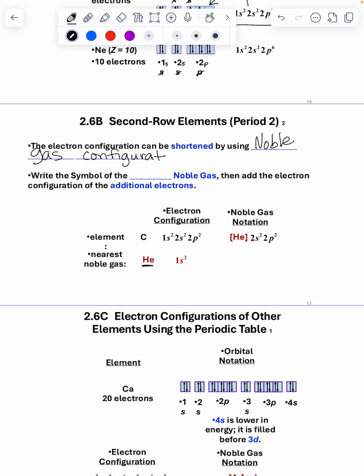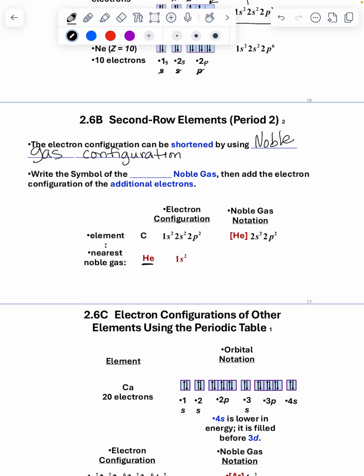And so in this noble gas configuration, we're going to write the symbol of the previous noble gas, previous meaning the one that comes before. And then we're just simply going to add the electron configuration of the additional electrons.